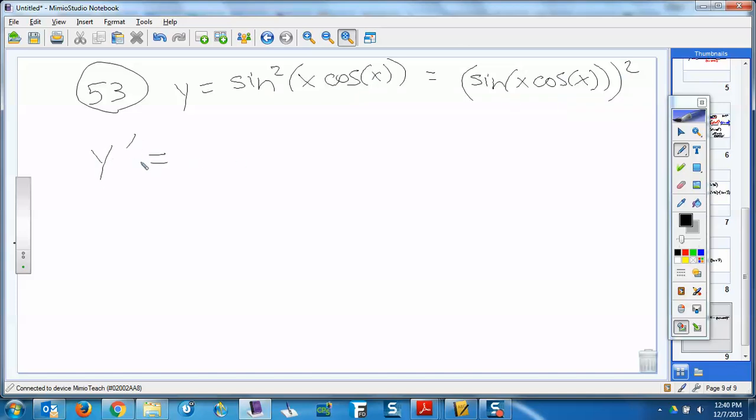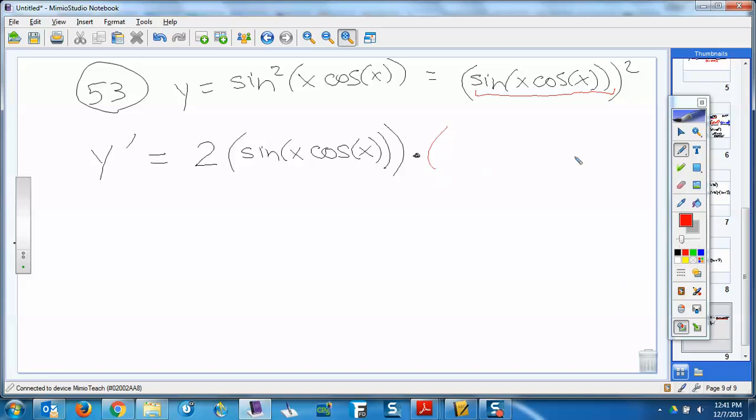So where do I start? I start with the power. So what do I do? Bring the 2 down. Sine x cosine x to the first, times... Now let's be careful here. Here is my inside in red, right?